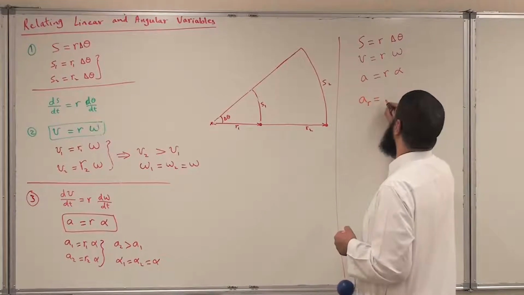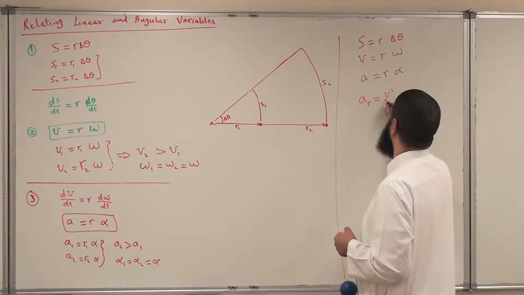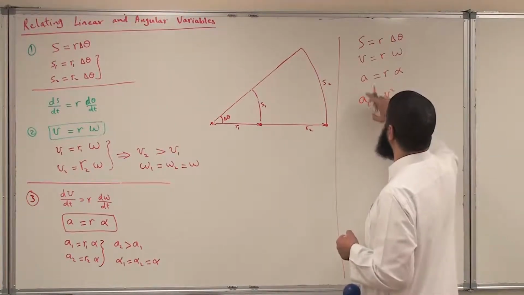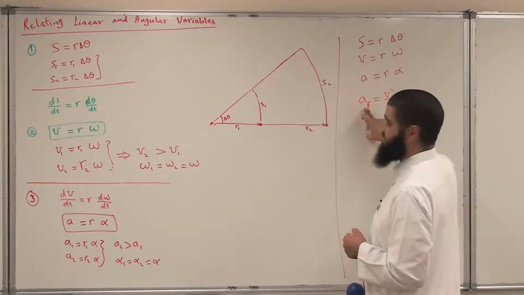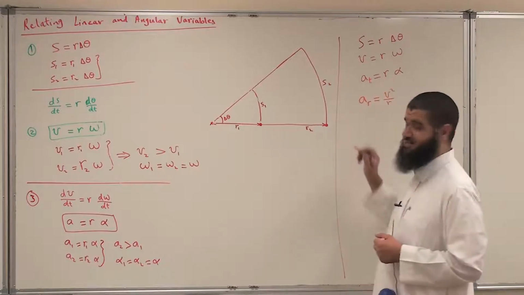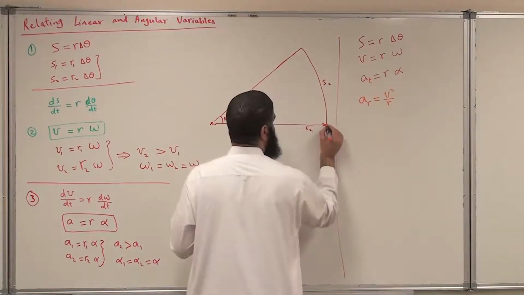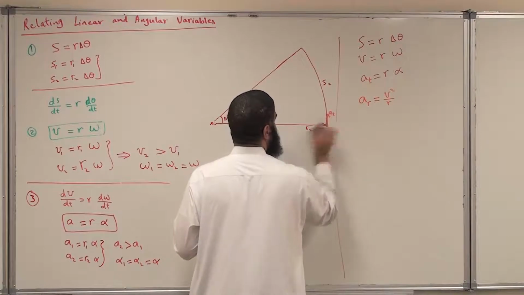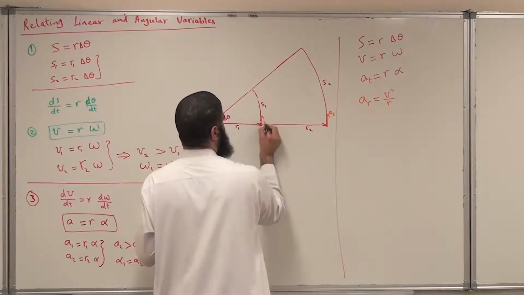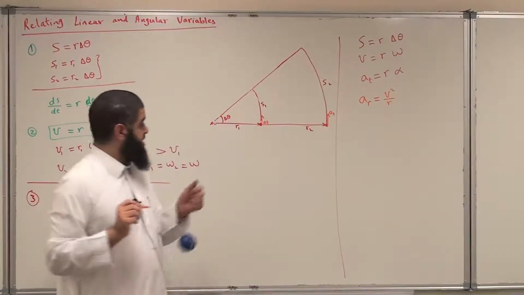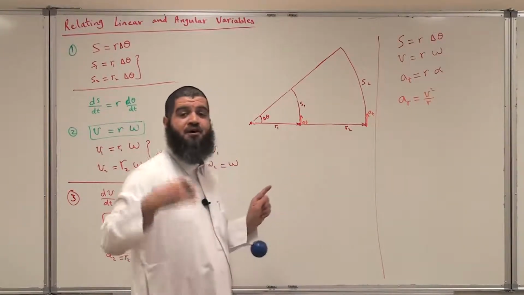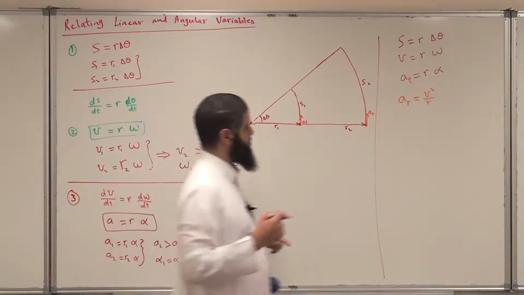So AR equals V square over R. And to distinguish between this linear acceleration and this radial acceleration, we call this one A tangential, because the direction of this acceleration is tangent to the path. So this is AT for this point here. For this point, A tangential will be like this. So each point has a different tangential acceleration depending on how far that point is from the axis of rotation.